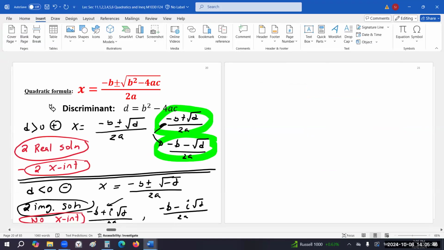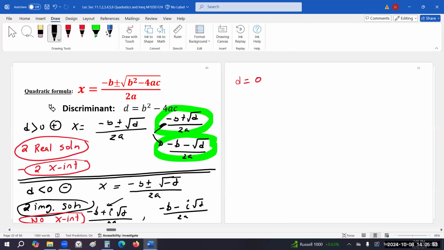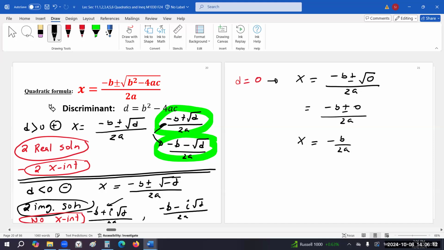And then we have our last scenario. What if the discriminant is 0? Look at our solution. x is negative b plus minus square root of 0 over 2a. What is the square root of 0? And what does plus minus 0 mean? Nothing, right? So how many solutions do you have? One. Is it real or imaginary?